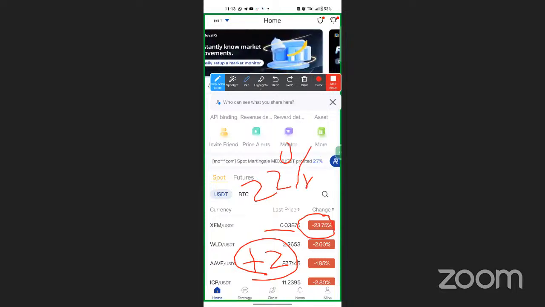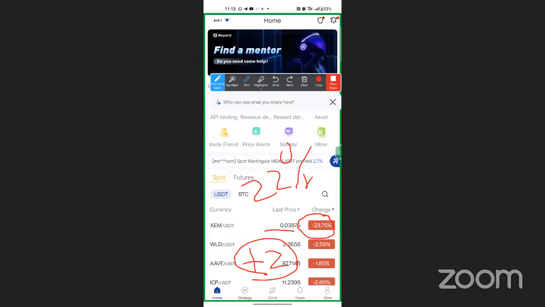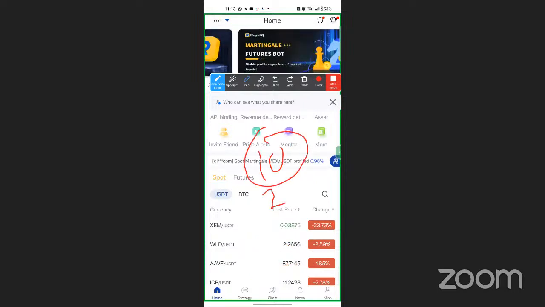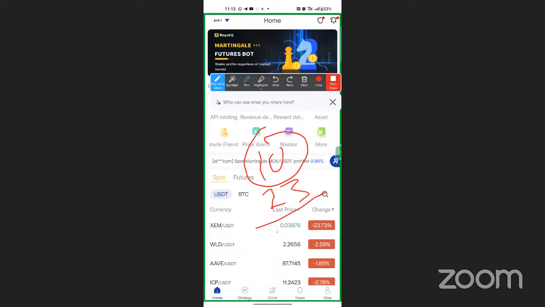Because people say, aha, you see, it was at negative 23. Now it is at positive 10. So positive 10 plus negative 23, you would have made 33%. No. Give me a 5 if you have understood that. I want to speak with people who understand what I'm saying.